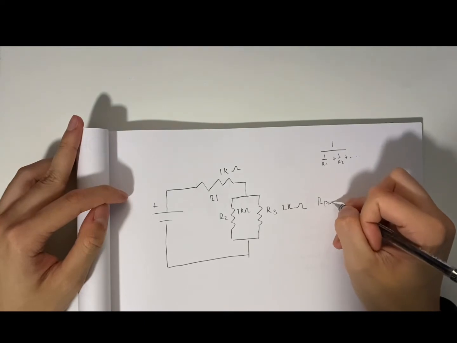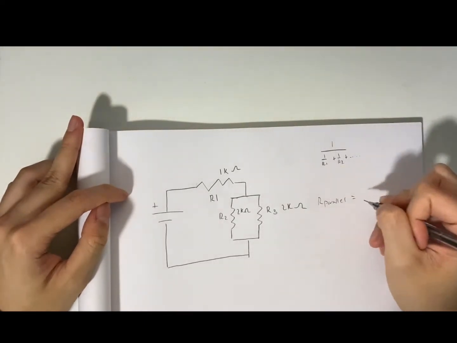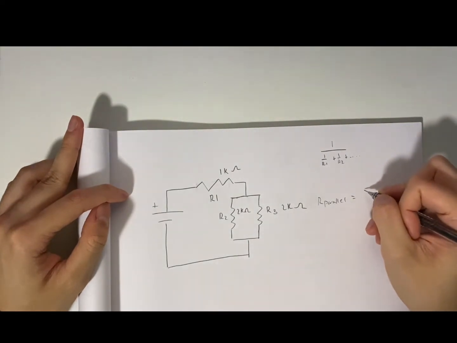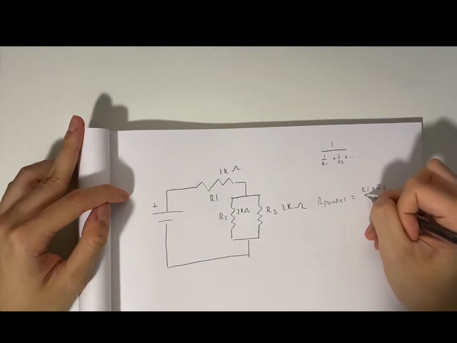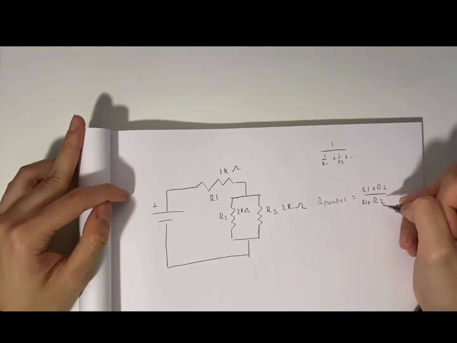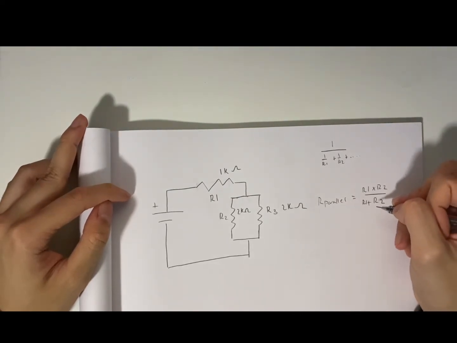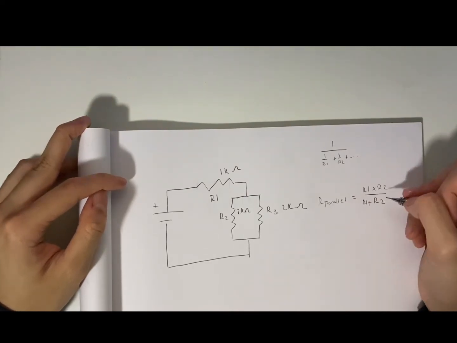R parallel equals, and this will only work if we have 2, R1 times R2 over R1 plus R2. This is a nice way to find our parallel resistance if we have 2.